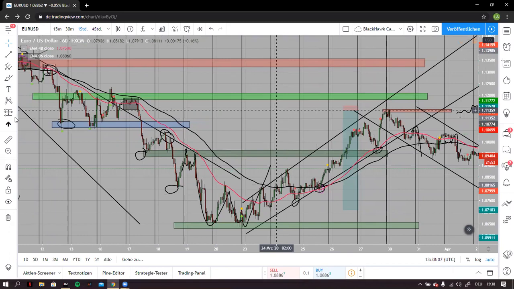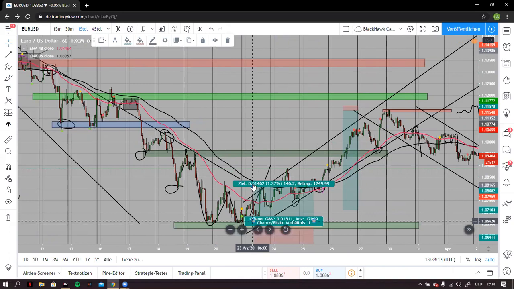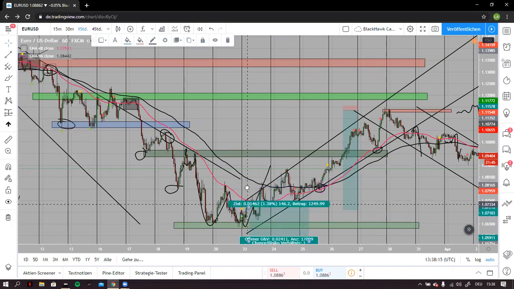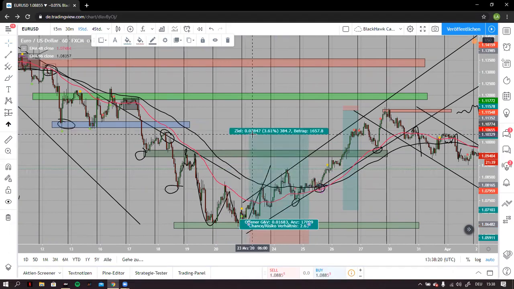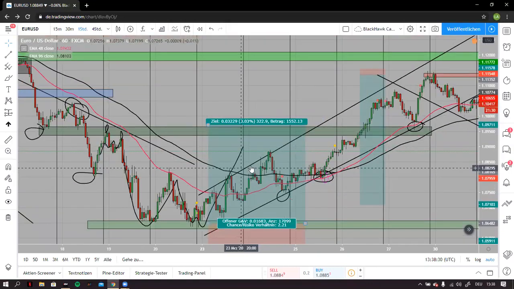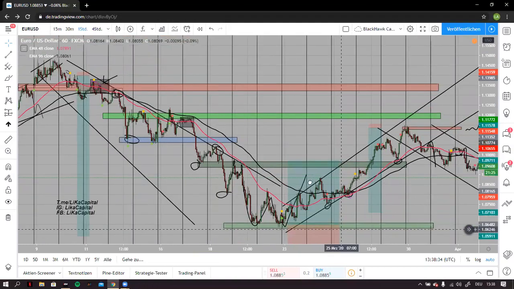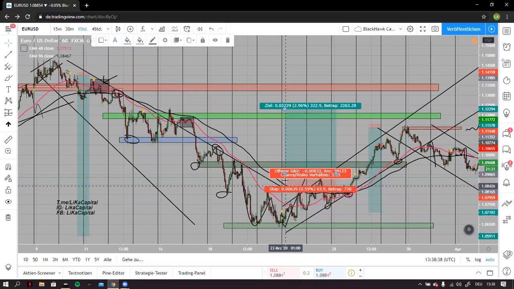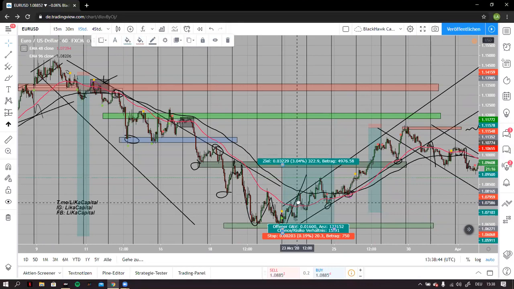So if you can get an entry here for a buy, let's say this zone, let's say we were taking this one, there would be 320 pips for, let's say, a 10 pip stop loss or 20 pip stop loss maximum, because you don't need bigger stop losses with these setups.